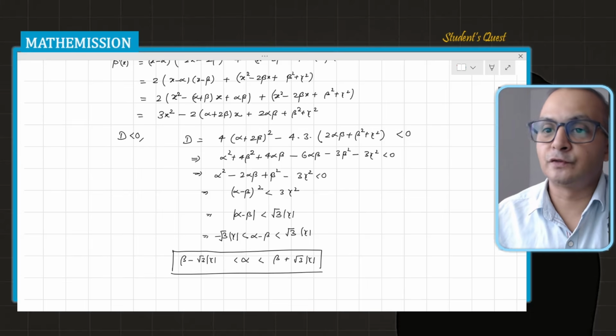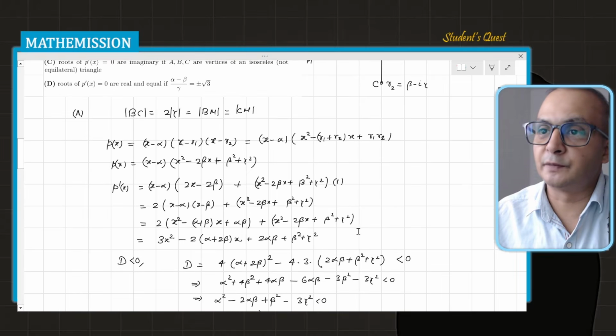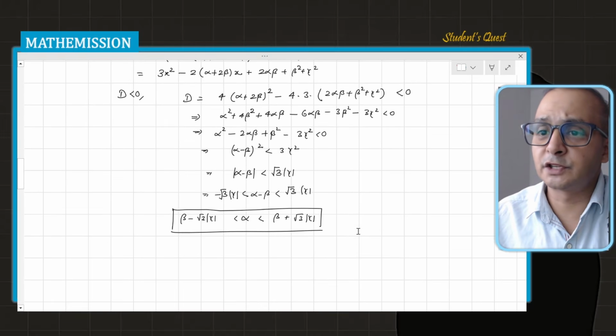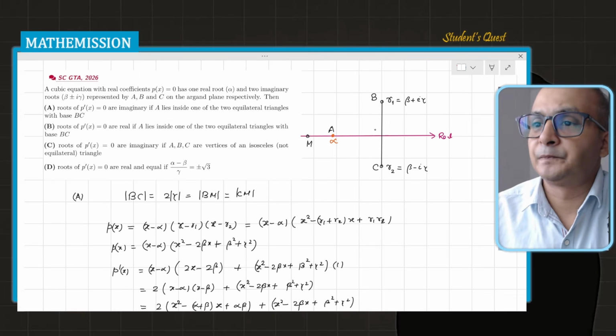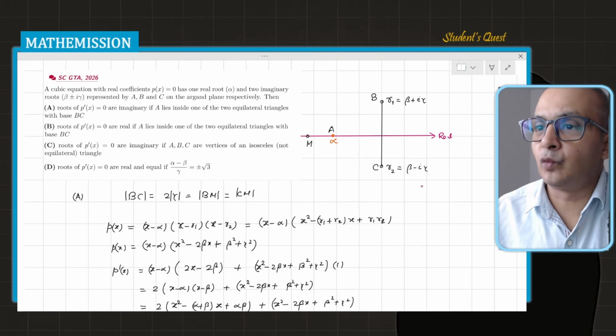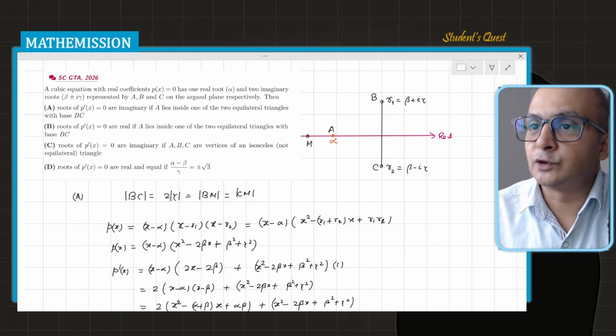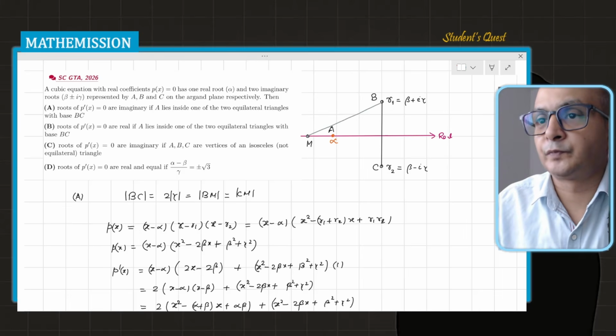Now let's try to visualize this whole situation in the picture we have drawn. Alpha should lie from beta minus root 3 gamma. So let me draw this first. Let us join these two sides.